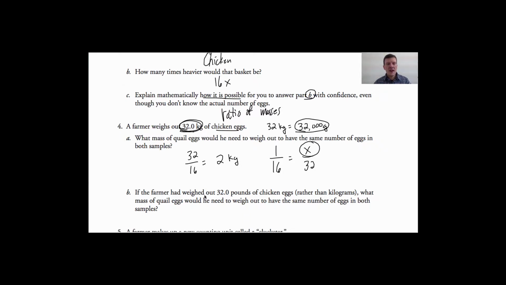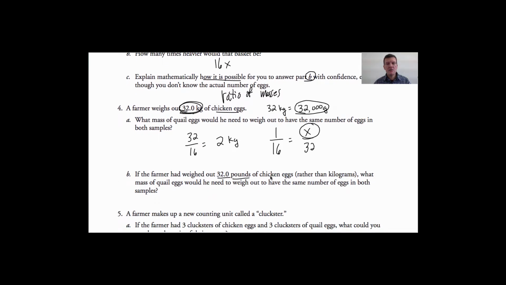If the farmer had weighed out 32 pounds of chicken eggs rather than kilograms, what mass of quail eggs would he need to weigh out to have the same number of eggs in both samples? Well, just because it's pounds or kilograms, the mass is still going to be a 16:1 ratio.